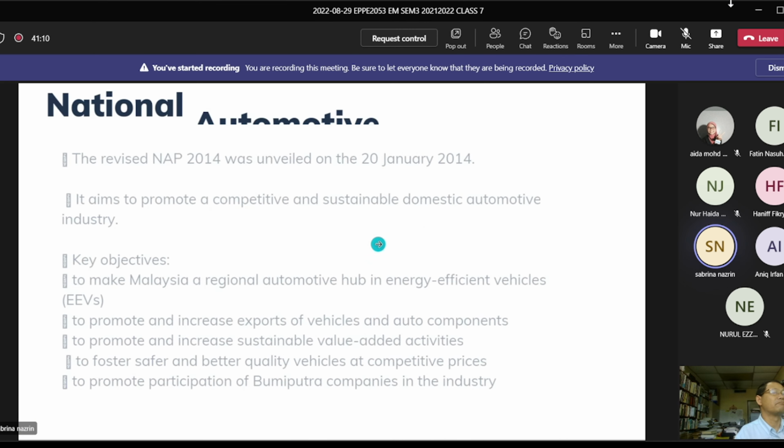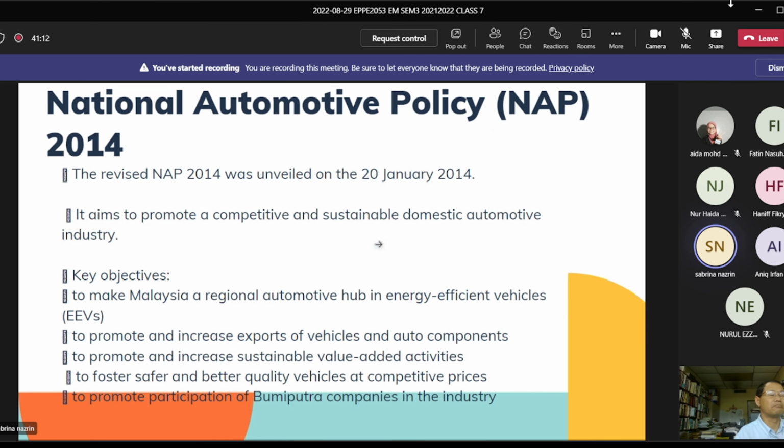For the National Automotive Policy, NAP 2040, the revised NAP 2040 was unveiled on the 20 January 2014. It aims to provide a competitive and sustained domestic automotive industry.